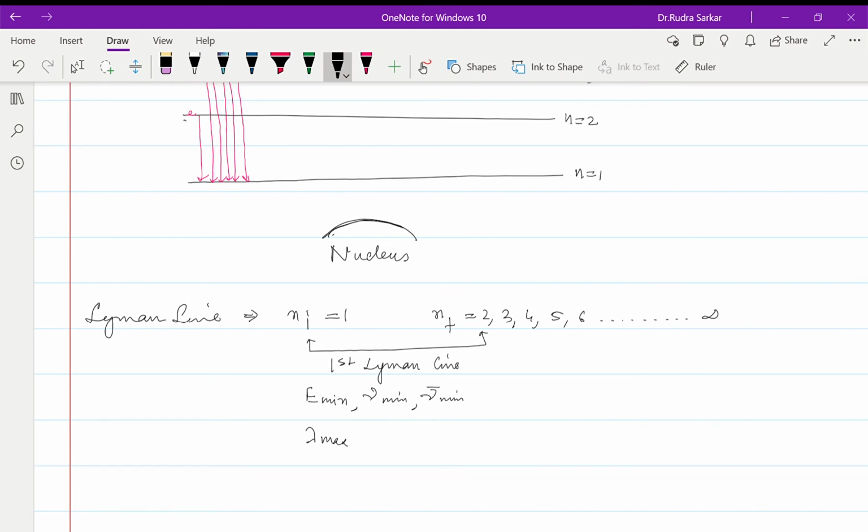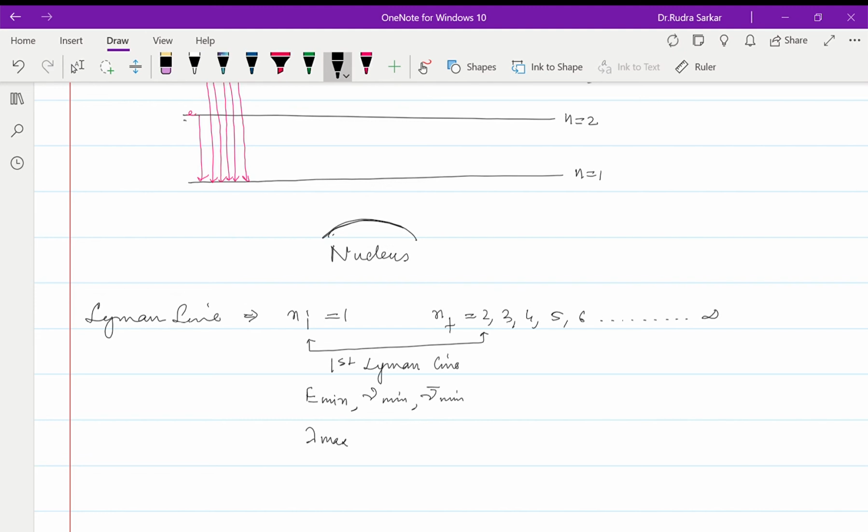तो आपको जो सम पूछा जाता है, तो वहां पे कभी कभार सम बोलता है व्हाट इज द एनर्जी फॉर द फर्स्ट लाइमन लाइन. So whenever they are saying the energy for the first Lyman line, you have to understand they are talking about the energy difference between n1 and n2. ठीक है.